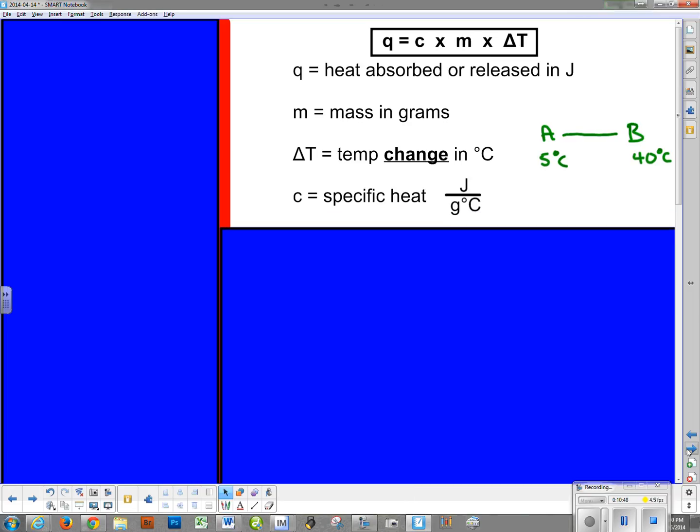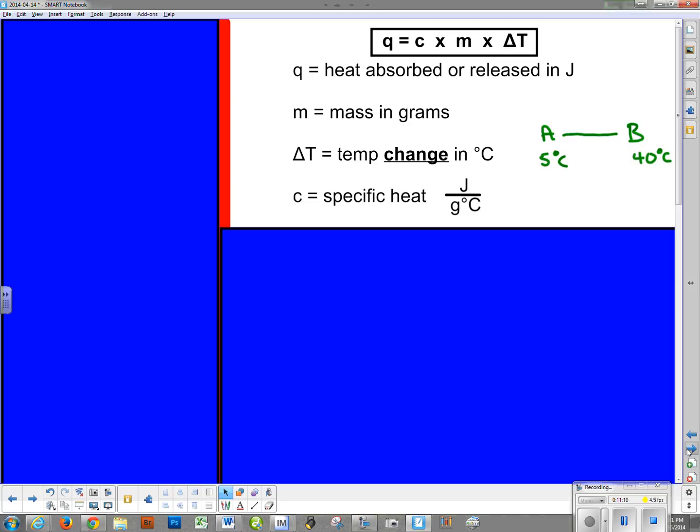And then specific heat is this guy. Whoa, look at all those letters. Joules per gram degrees centigrade. How in the world do they come up with that? They take 1 gram of a substance.